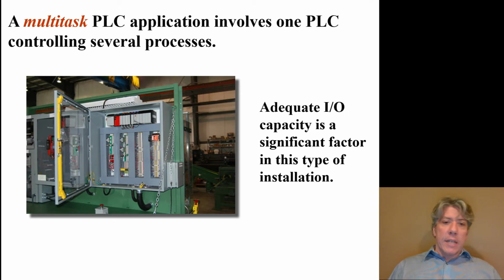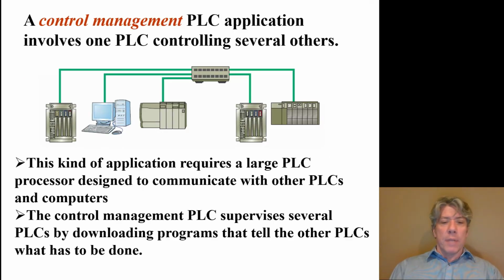Now, that can cause problems down the road, but often a system is set up so that the machines work in tandem with one another, and it's a whole system anyway, but made up of individual machines. So the dividing line between a multitask PLC and a single-ended PLC can be a little bit blurry, but typically this would be typified by a PLC that has a lot of inputs and outputs. So this is a significant factor in this type of application.